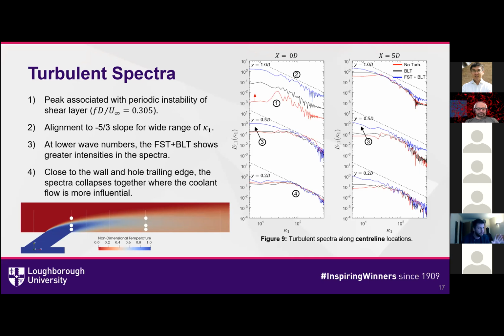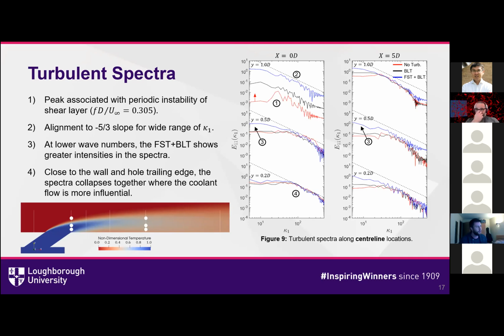The minus 5/3 slope is the one plotted in the dashed black line, representing the inertial transfer in the energy cascade. It shows some alignment for quite a wide range of wave numbers and varies between the profiles. But as expected, the elevated free stream turbulent case shows greater intensities in the lower wave numbers of the spectra, reflecting the higher intensities of those fluctuations.